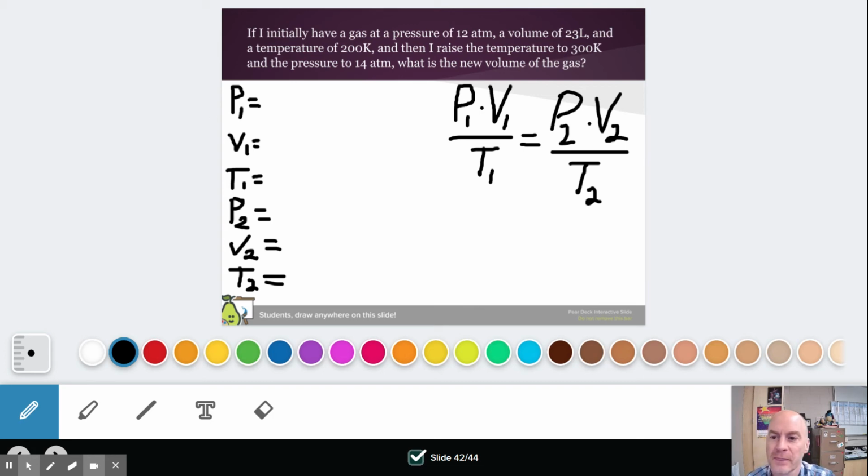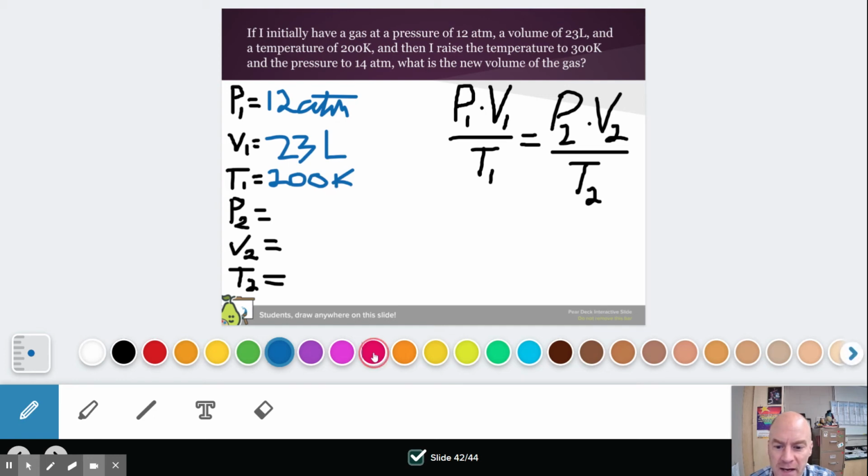So if I'm writing out what my givens are here, pressure one, it says 12 atmospheres. Volume one, 23 liters. Temperature one, it's already in kelvins, so I can just directly put the 200 in here. If it were in Celsius, I'd have to add 273.